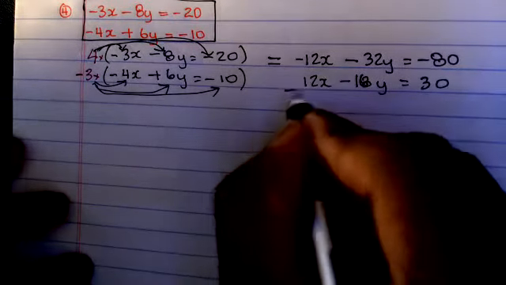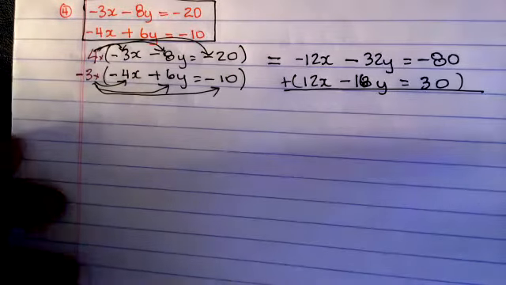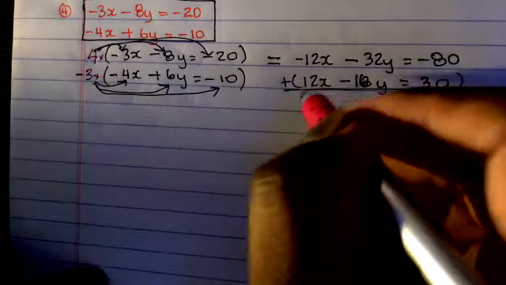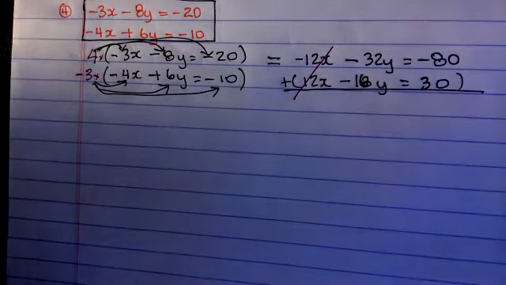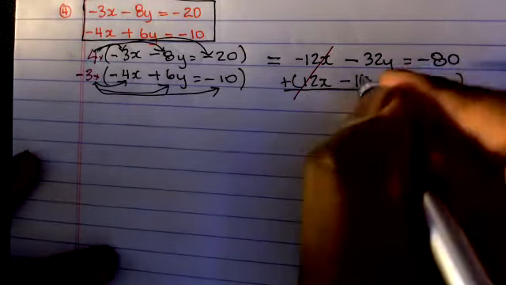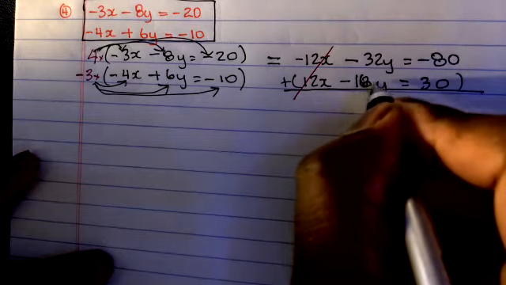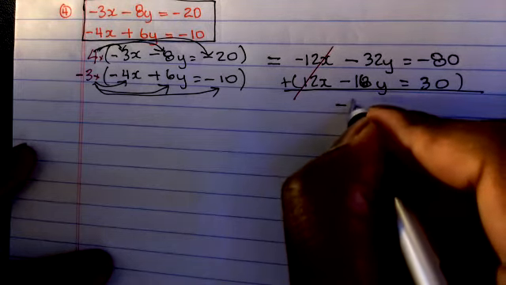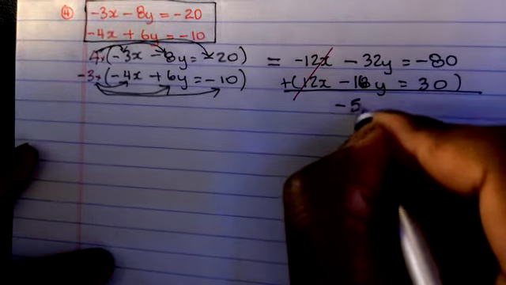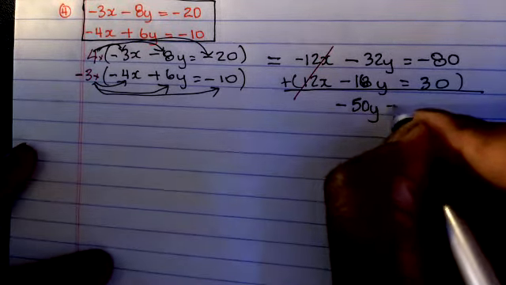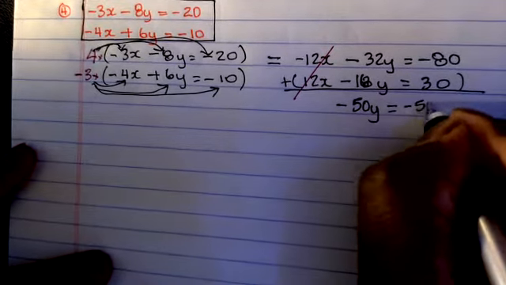So here, I'm going to add these two equations together. When I add them, the negative 12x and the positive 12x cancel. When I combine these, negative 32y minus 18y gives me negative 50y, equal to, when I add negative 80 and 30, negative 50.